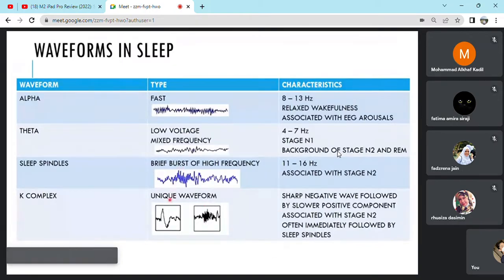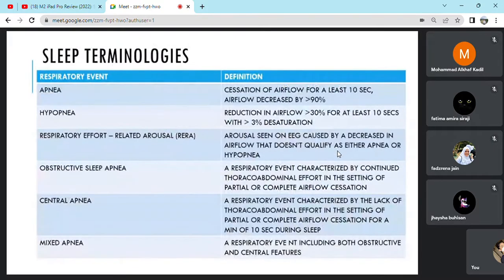Okay, lagi yan. That is also logical because usually this type of waveforms is seen in your stage N2. Okay? So medyo papunta ka na doon sa stage na medyo malalim-lalim na yung tulog mo during this time.